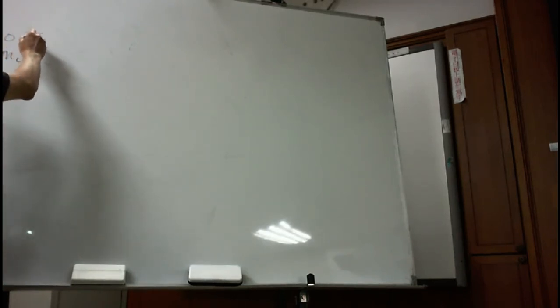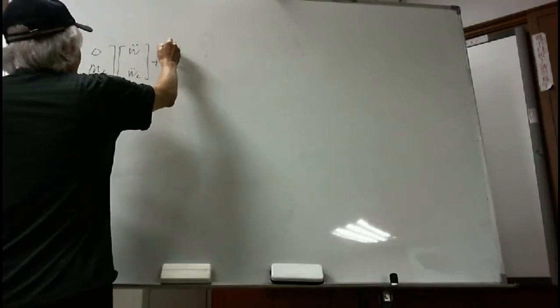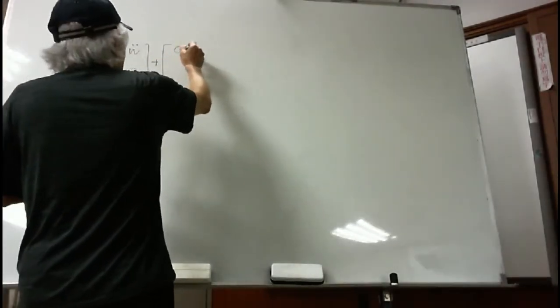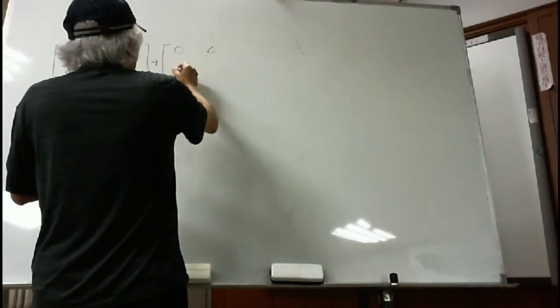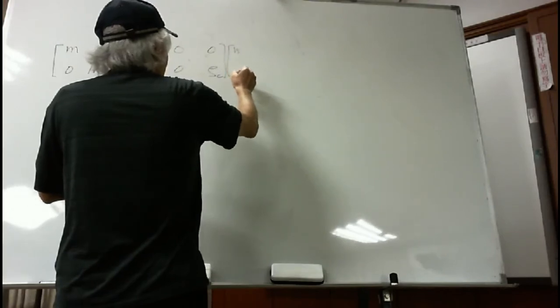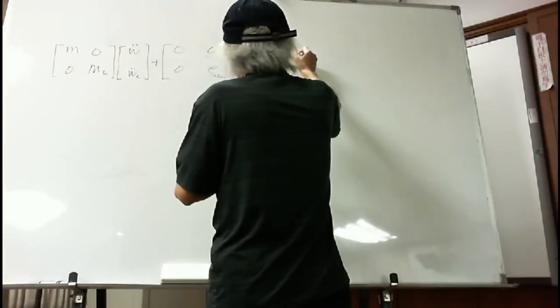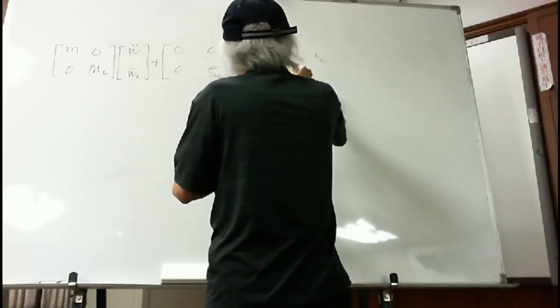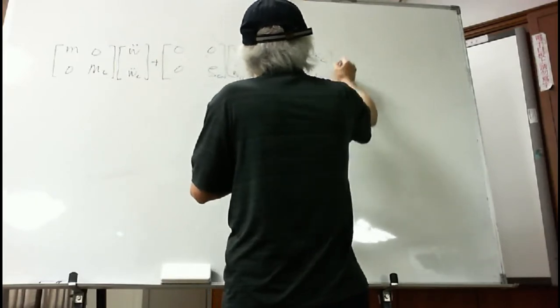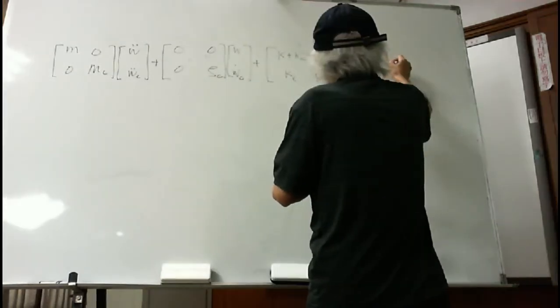Now for that case, we have M, 0, 0, MC, and W double dot, WC double dot, plus 0, 0, 0, C, and W dot, WC dot, plus K plus KC, minus KC, minus KC, and KC, and W, WC equal to 0 and 0.